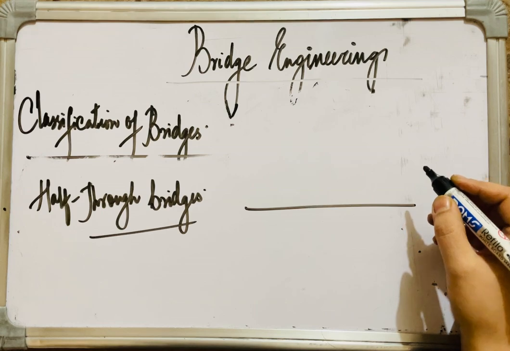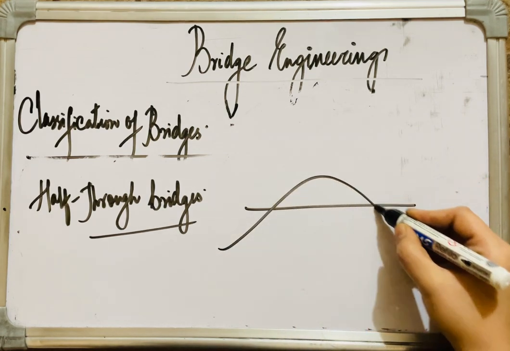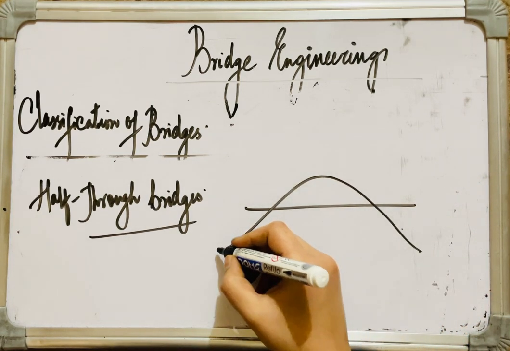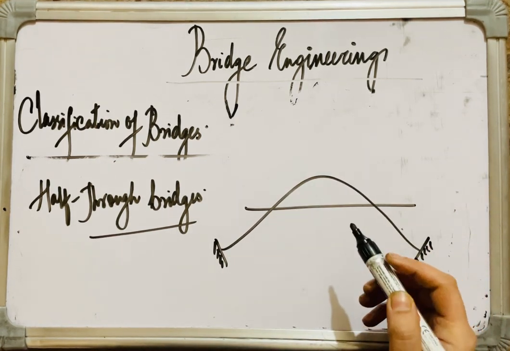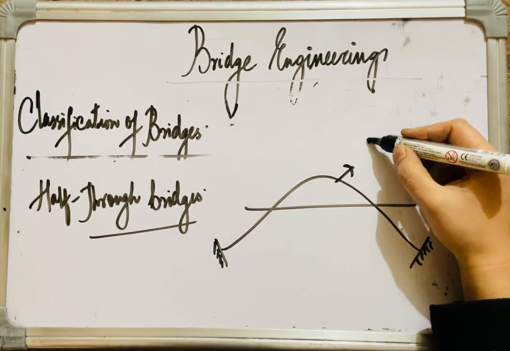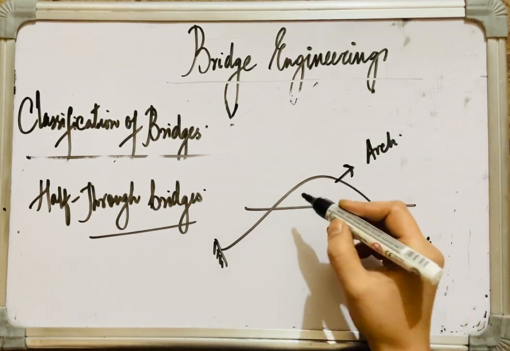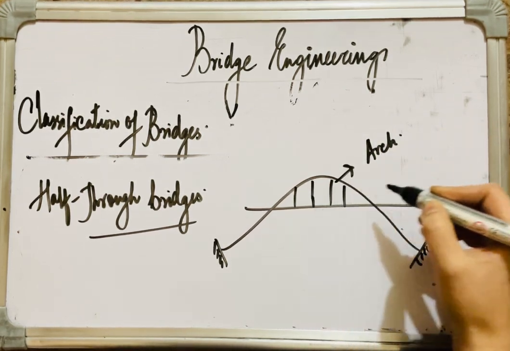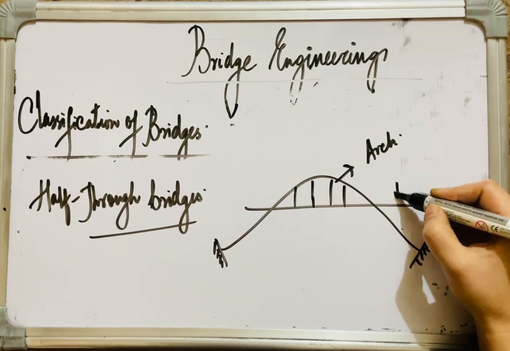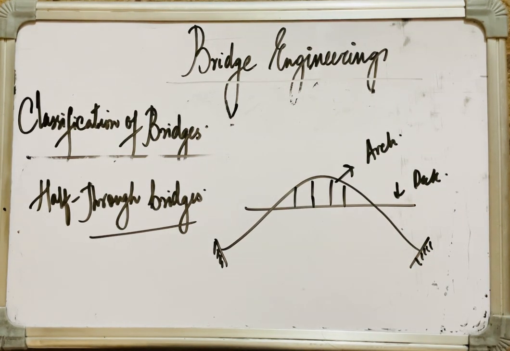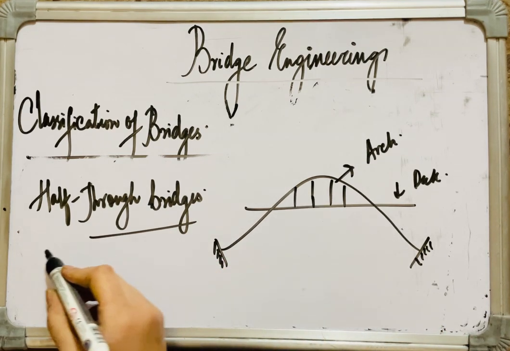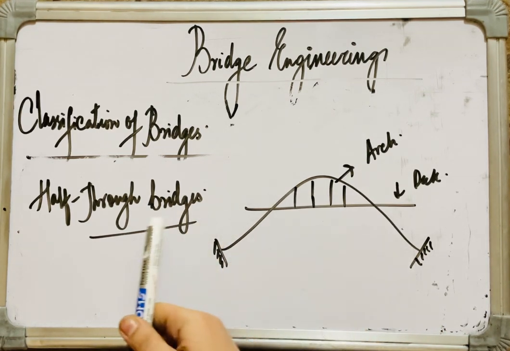If this is the bridge deck and this is the arch, it's tied over here, and this is the arch, and this is the bridge deck. So the deck is located at the middle of the supporting structures, and this forms a half-through bridge.